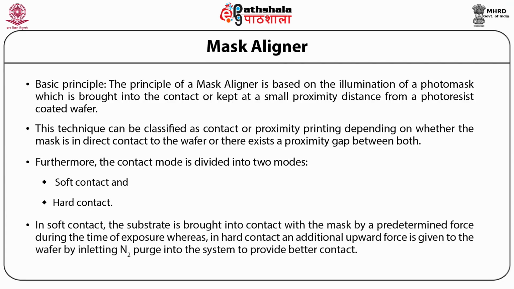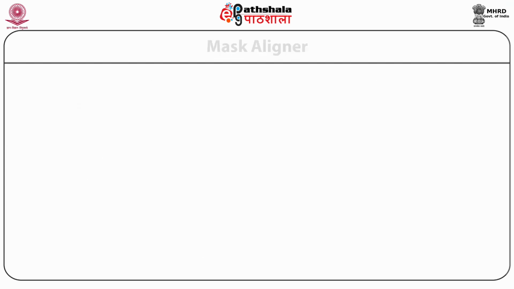In soft contact, the substrate is brought into contact with the mask by a predetermined force during the time of exposure, whereas in hard contact, an additional upward force is given to the wafer by inletting nitrogen purge into the system to provide better contact.